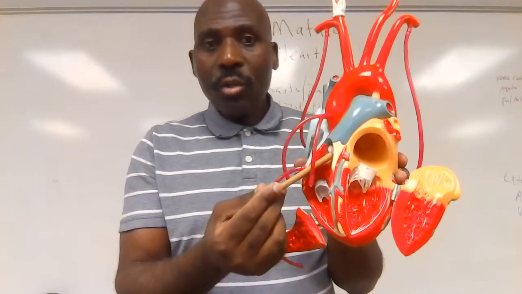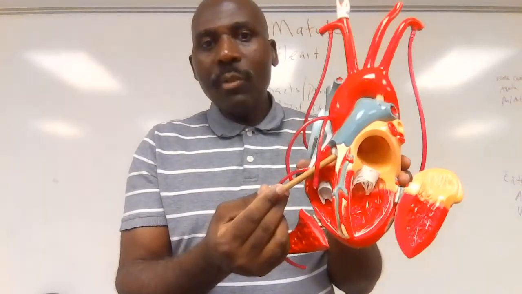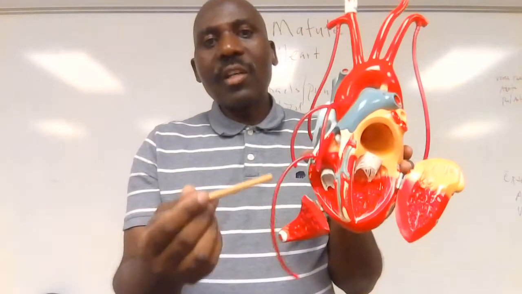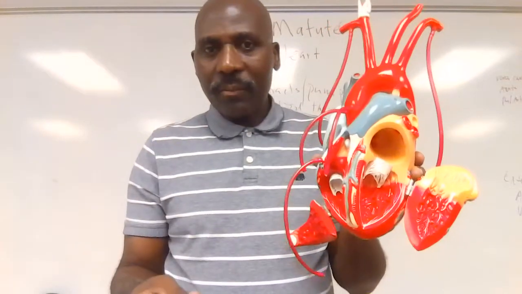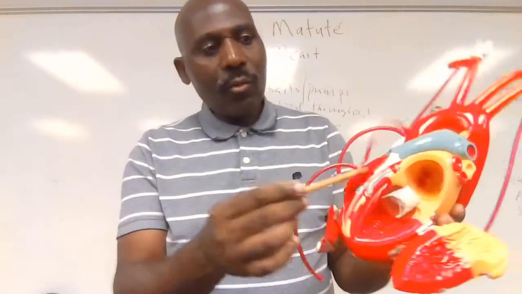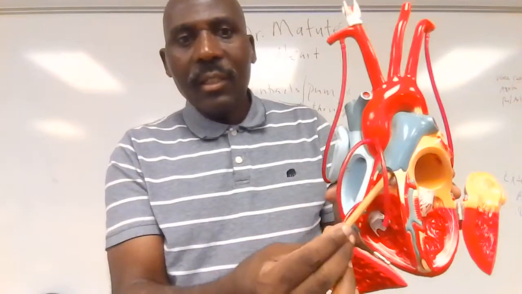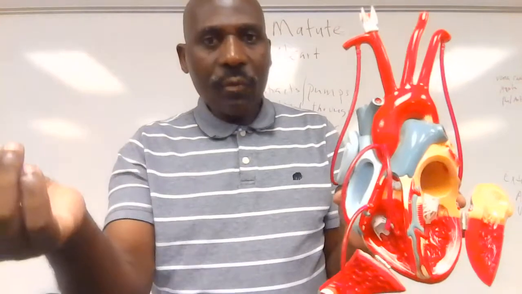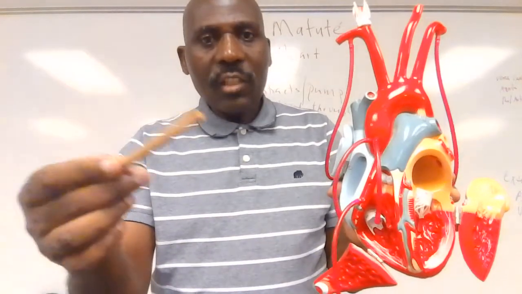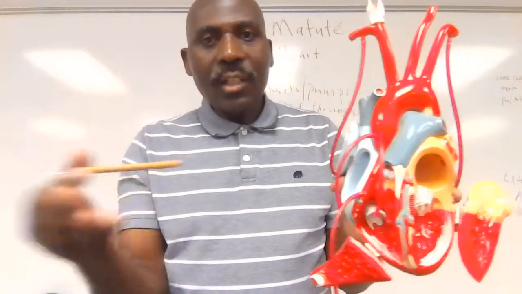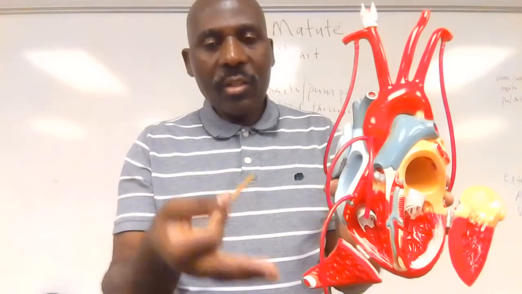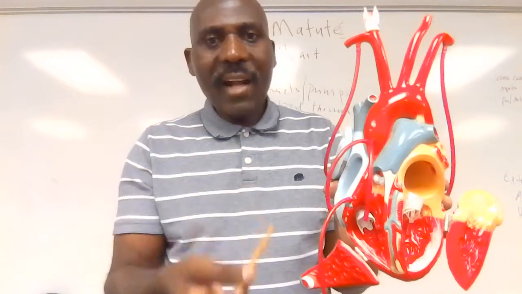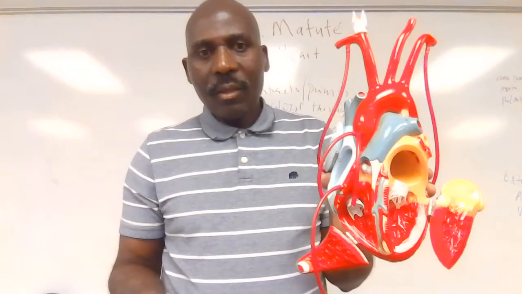When they close, the blood that has been pumped out of the heart will be prevented from coming back into the heart. When they open, they allow blood to be pumped out of the heart, and once the blood has been pumped out, they will close to prevent the blood from coming back into the heart.